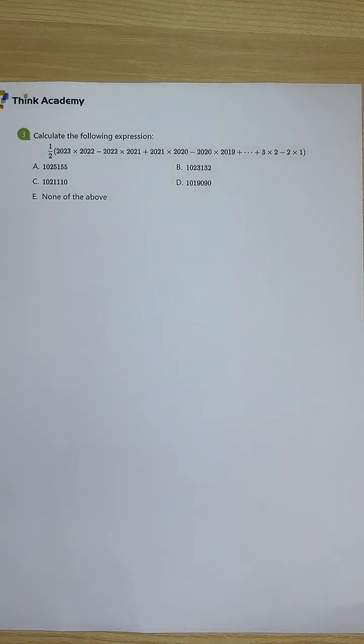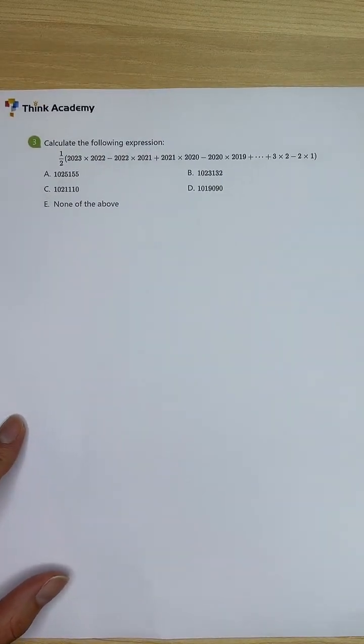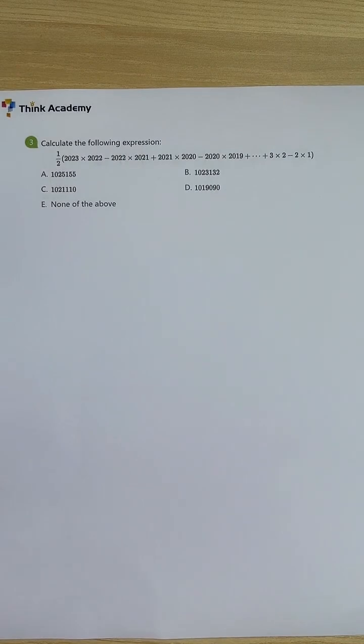Okay. Now this one over here, we have to calculate a little bit messy expression: half multiplied by 2023 times 2022 minus 2021 minus 2022 times 2021. We have a very long looking expression over here.